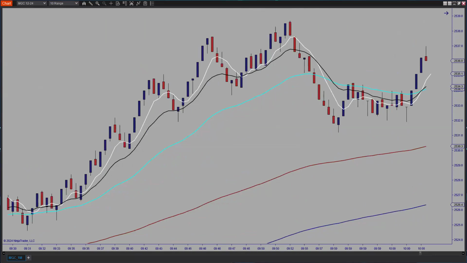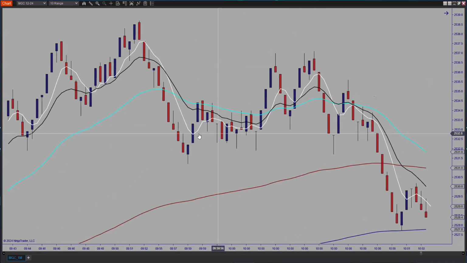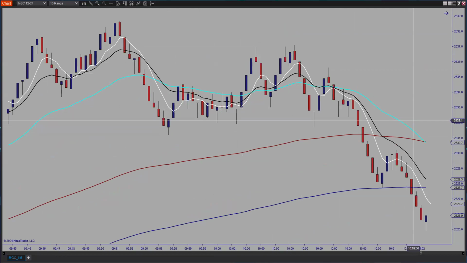Okay, what about this one? Valid or not valid? Beautiful. Not valid. 13 crossed under, and there's no trend trade because it didn't come into the 144 here. So no trade. What happens? Chop, chop, chop, slam.